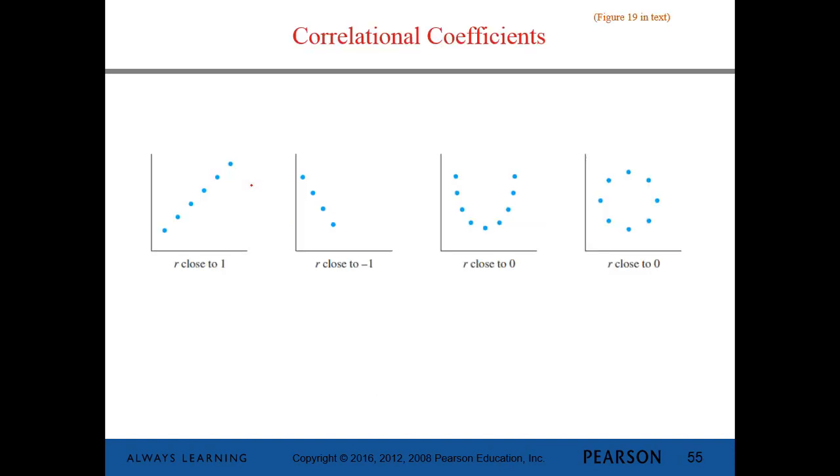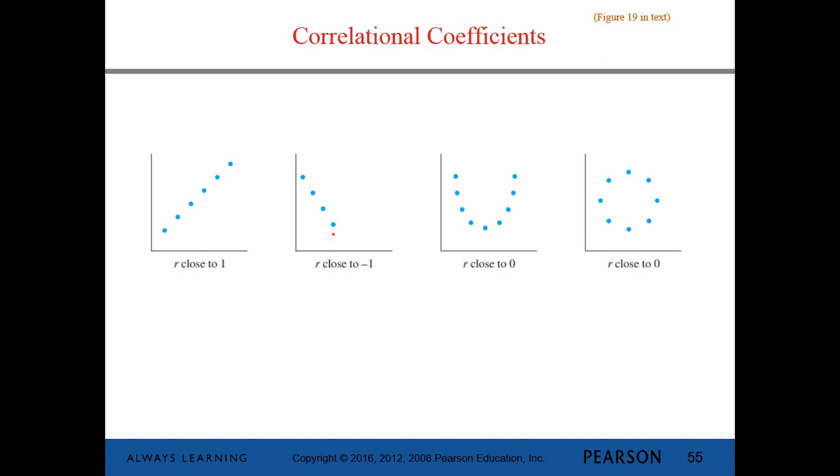So if we look at these graphs, so this is the first thing we normally look at. We look at the graph and we say, okay, is there a linear relationship? So if there is, so this here has a perfect linear relationship, and it's positive because look at the slope. The slope is positive. So R is going to be close to positive 1. In fact, if we get something like this, it'll be pretty much exactly 1.